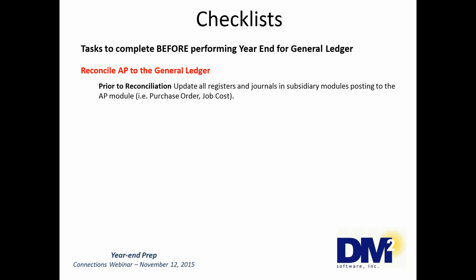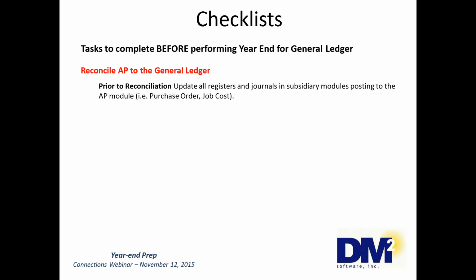So prior to reconciliation, you're going to make sure all your registers, this is for AP, all your registers and journals in your subsidiary modules have been posted. So, for instance, to AP, so job costs and purchase orders. So all of those are posted.